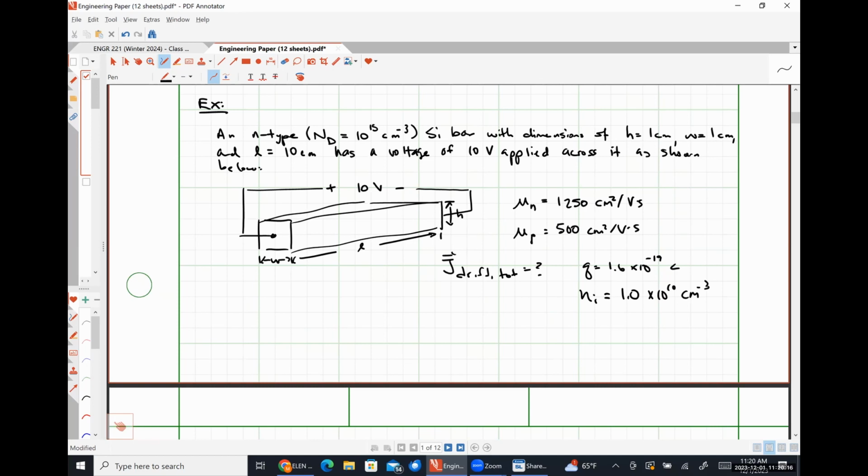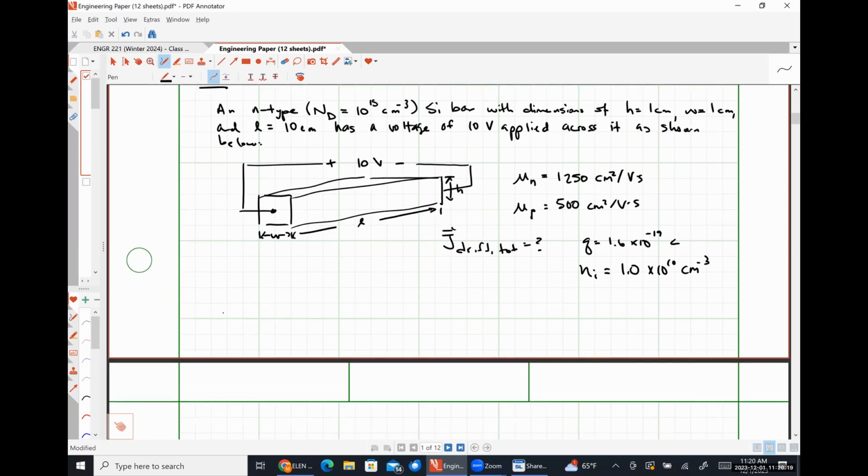So using our equation, we know that our total drift current density should be charge times N mu sub N plus P mu sub P times E. So we know Q, we know both of our mu's. How do we figure out N, P, and E?